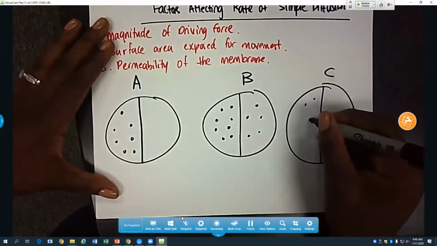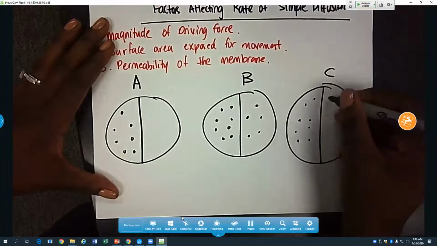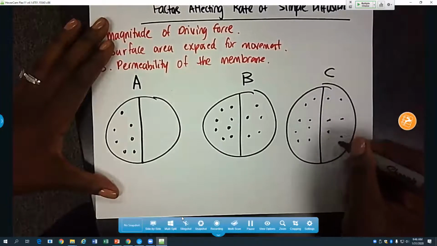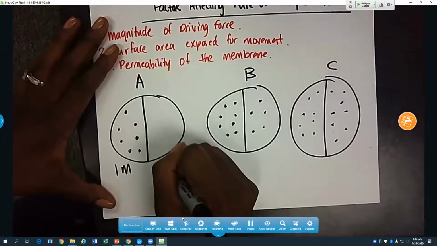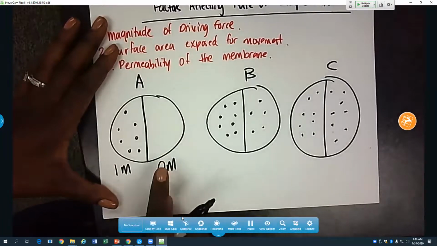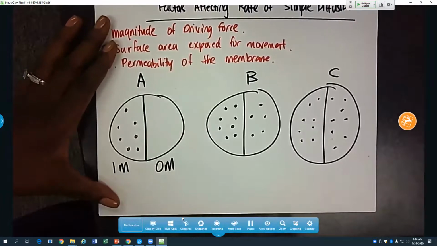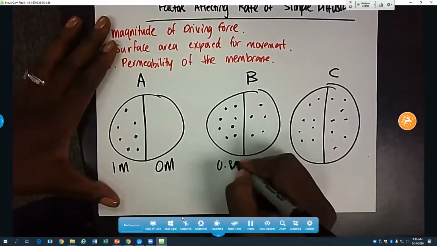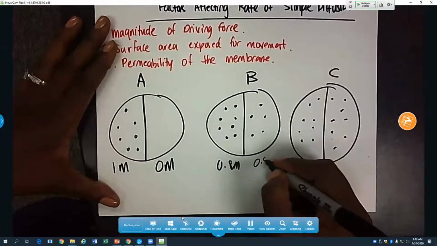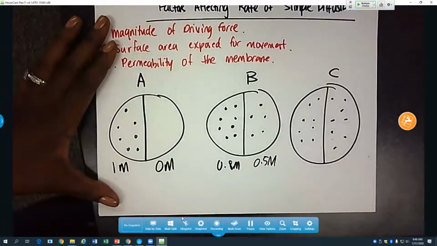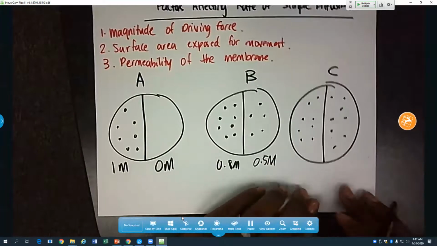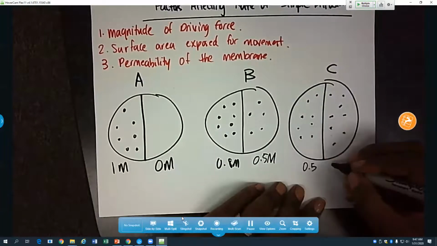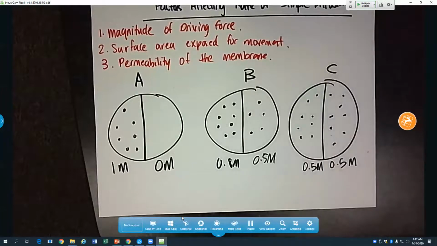Okay, so we have 1 mole on this side and then 0 moles on that side, right? So no solutes dissolved on that side. We have 0.8 on this side, 0.5 on that side. So almost equal concentrations for scenario B. And then for scenario C, we have exactly equal concentrations on both sides.